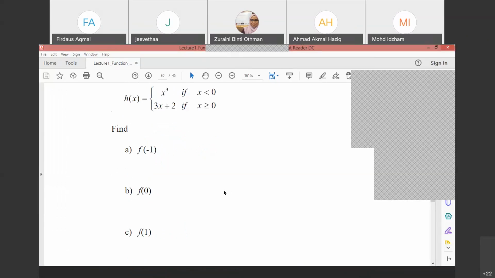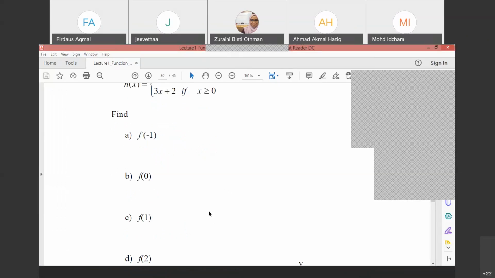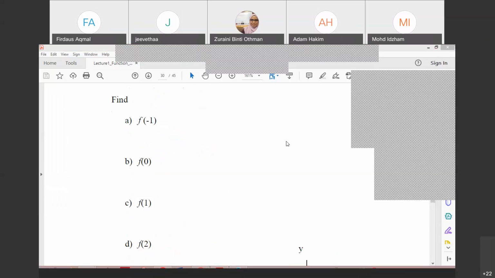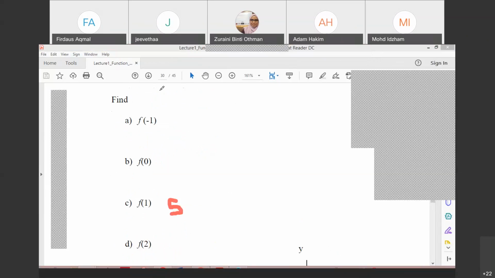If it is 1. Okay, kalau dia 1, jawapan dia 5. Kalau 1, maksudnya kita tahu dia dekat selang yang bawah kan? Okay, kalau D, jawapan dia 3 kali 2 tambah 2. 8. Okay, good. Faham ya?